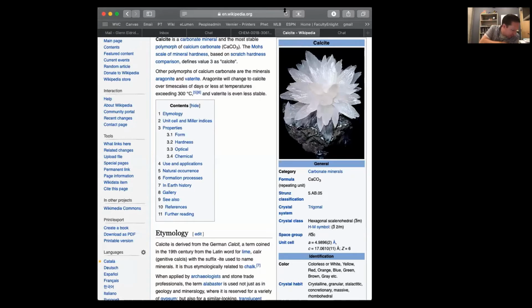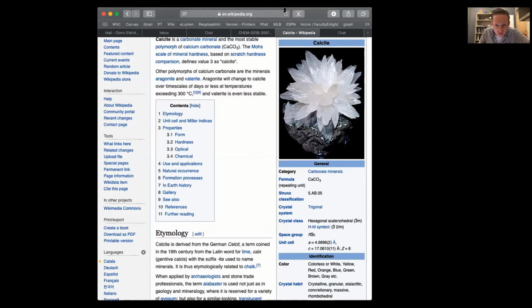This chemical right here is calcium carbonate, CaCO3. As soon as you type it in, it's so weird, watch this. Calcite is something that you can find in the ground, and it's just calcium carbonate. But if you click on calcium carbonate, you come over here and you have the chemist version, and it's a powder. It's not a crystal anymore.